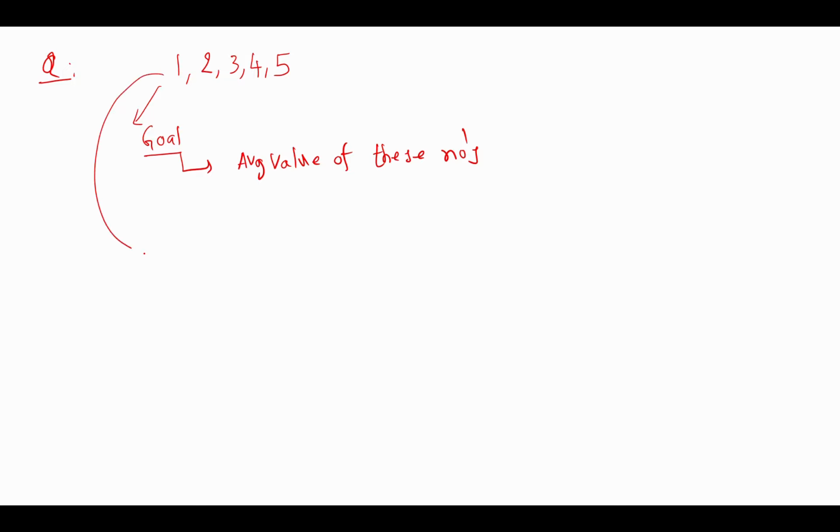From our school background, we know that it is the sum of the numbers, 1 plus 2 plus 3 plus 4 plus 5, divided by 5. So this will come out to be 3. Therefore, the average value of these numbers is 3, correct?